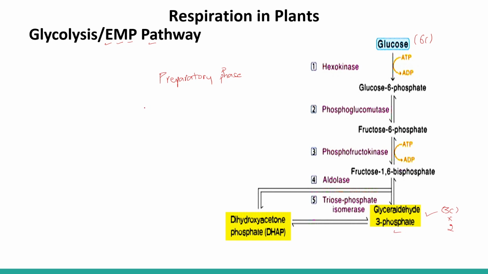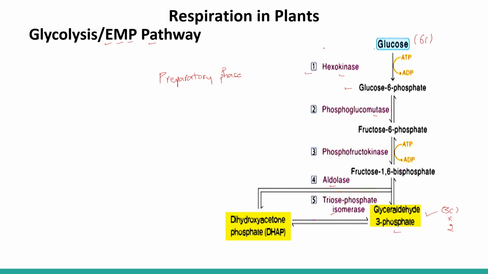Now we have already discussed the classes of enzymes. Kinases are involved, mutases are involved, then we have aldolase here, and again we have isomerase in the preparatory phase. When glucose is converted into glucose 6-phosphate, this is the first step of glycolysis.